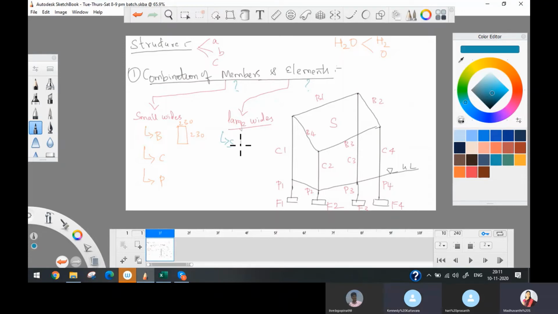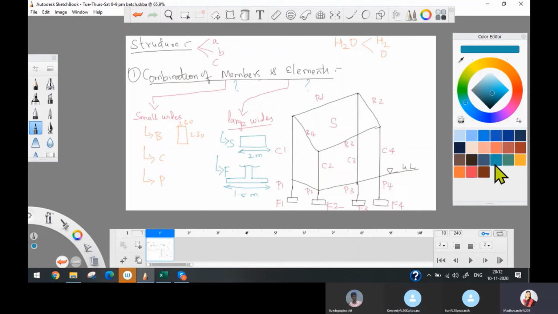So it will be minimum 2 meters, so it has a larger width. So slab is an element, and footing. Footing is also minimum 1.5 to 2 meters. We generally put, even for a residential building, a small building, minimum 1.5 meters or 2 meters. So this also has a larger width. So slab and footing are elements, right?